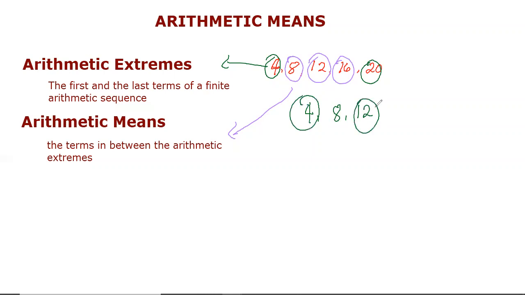So si 8 po ang tinatawag nating mean, the arithmetic mean. Kapag isa lang ang hinahanap natin, ito pong term na ito ay tinatawag nating average, the average of the two extreme numbers.